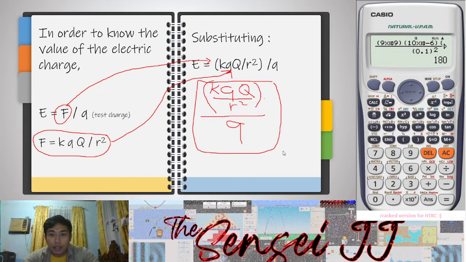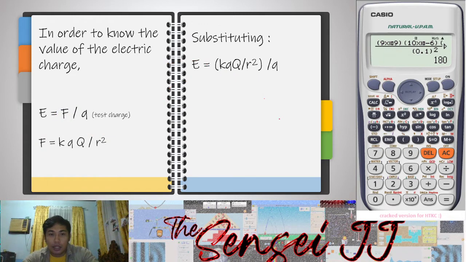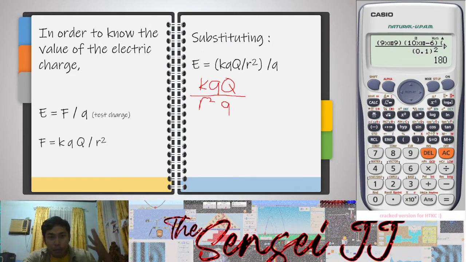Now, again, rewrite natin ulit siya. kQ all over r squared and q. Okay, so sir, bakit po magkasama na po ang ating r squared and q sa denominator side ng ating equation? Di ba, kapag nasa ibabaw ng isang denominator ang isa pang fraction, yung denominator natin is bababa lang siya, di ba?